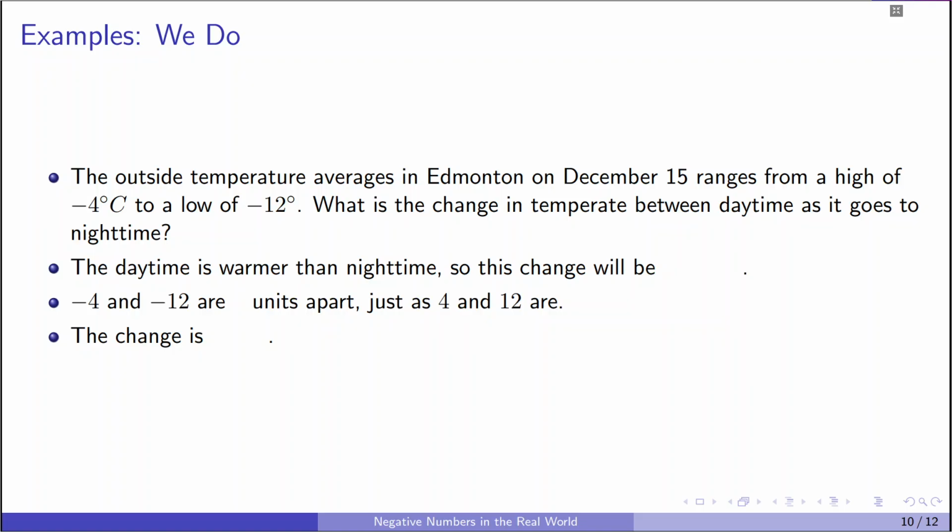So the daytime is warmer than nighttime. If we go from day to night, we're going from a higher to a lower number, so this change will be negative. Negative 4 and negative 12 are 8 units apart, just as 4 and 12 are. So the change is negative 8 degrees Celsius.